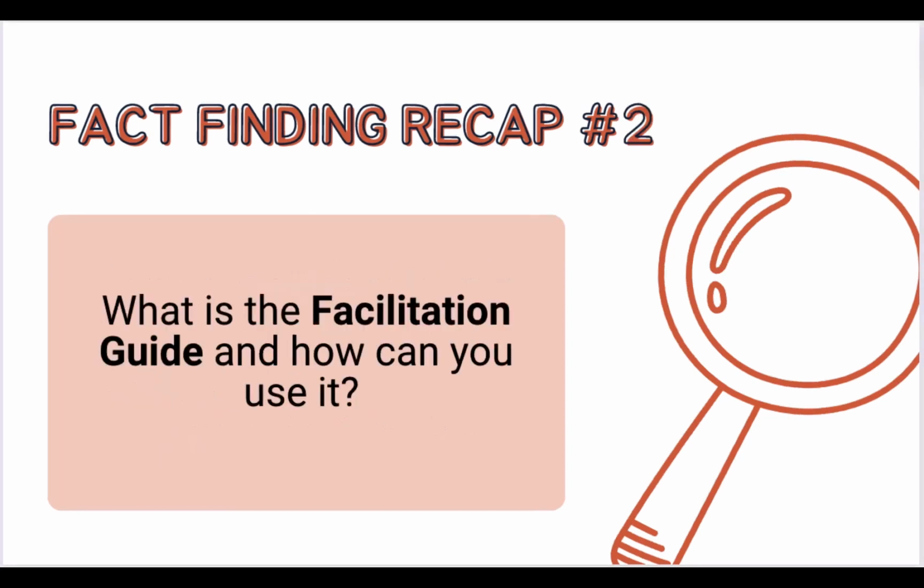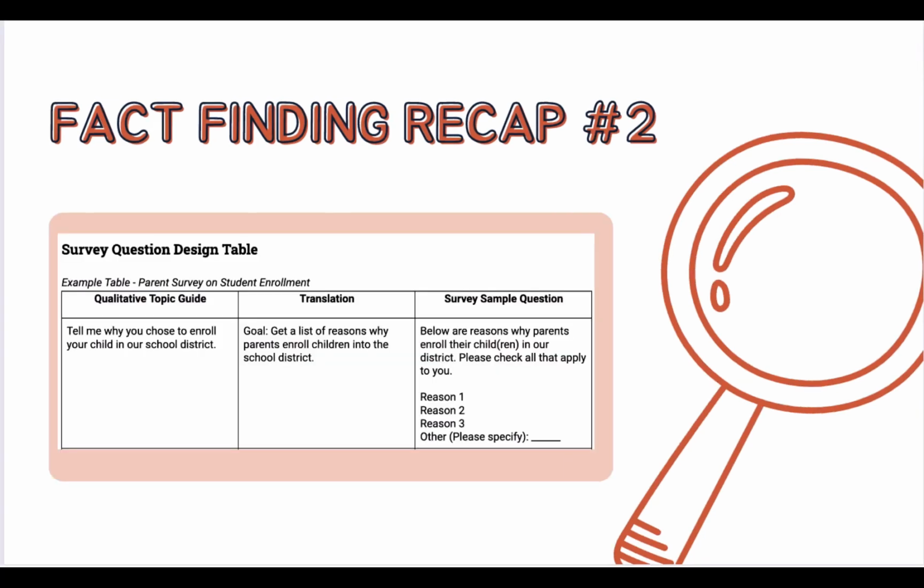Now next, what is the facilitation guide and how can you use it? So the facilitation guide is used to gather background data from stakeholders to inform survey design. Specifically, it enables the researcher to use qualitative interview questions, which once the respondent population answers, the researcher will then be able to translate those questions into actual survey questions.